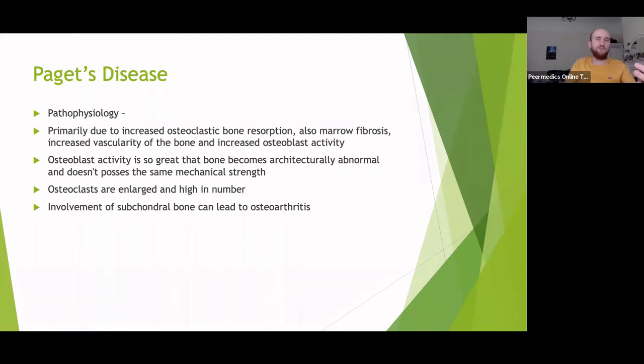It also produces bone depositions in different places. Your osteoclasts are the main driver of this. They're enlarged and high in number. It can also lead to osteoarthritis if you find it in subchondral bone.